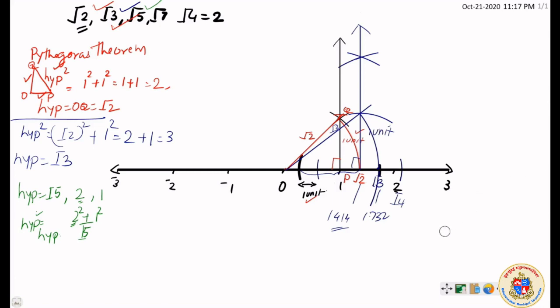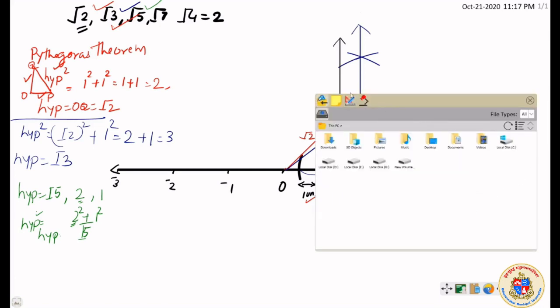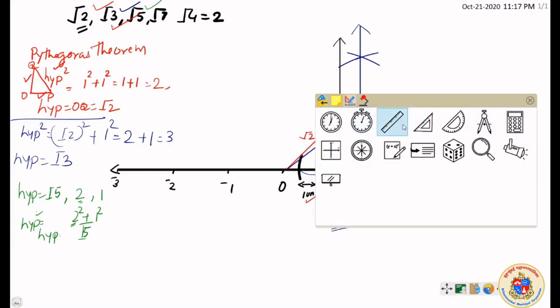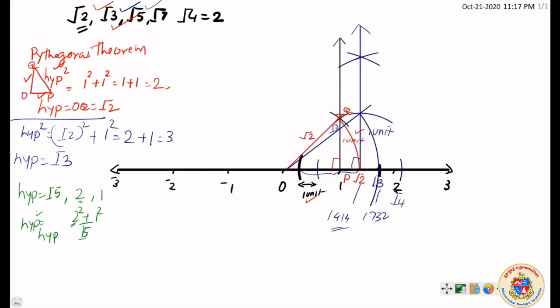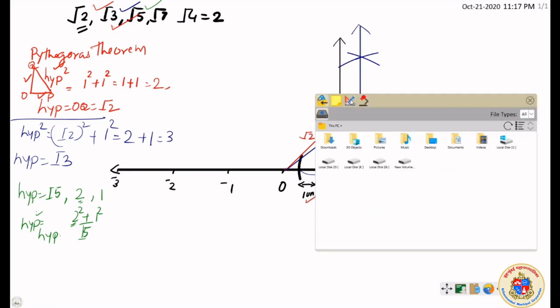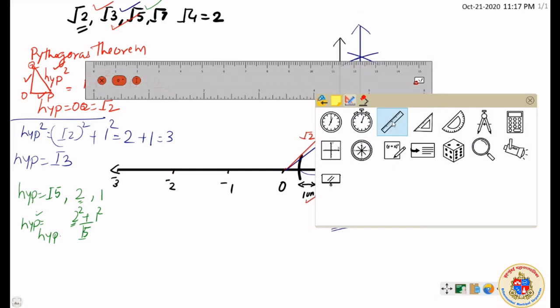So please cooperate with me. Let me take the scale for that purpose, and I am drawing a perpendicular straight away, otherwise even a set square can be used. With the help of the scale I am drawing the perpendicular.